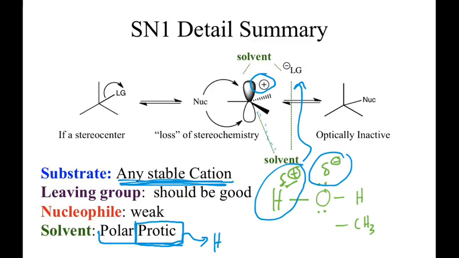We have a hydrogen bonding solvent. Okay, so a hydrogen bound to oxygen or nitrogen. Those are kind of your bulk details of the SN1 reaction overall. We'll come back and look at yet another summary in a little bit after we finish our SN2 reaction.